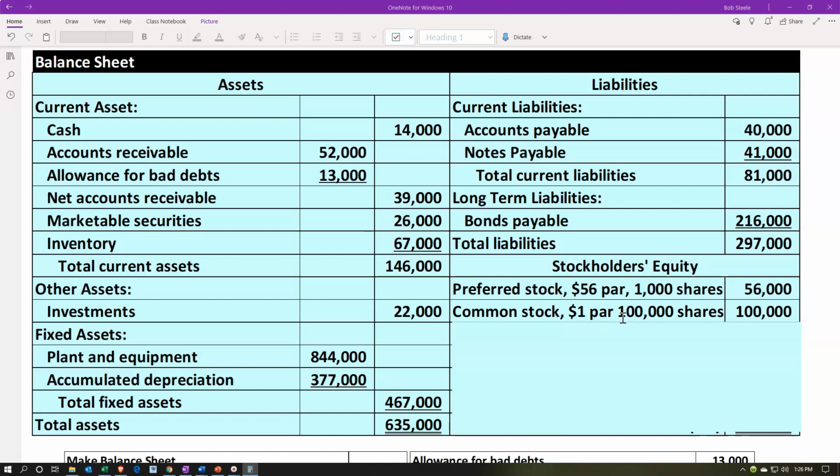Those are just units of ownership. So we're going to say there are 100,000 units of ownership out there. We've also given it a par value, which is an arbitrary value of $1. Why? Because now you can see the relationship. If I see 100,000 here, I can divide it by the par, which is just $1, and I can see that there are 100,000 shares, and that relationship is useful to be able to see.